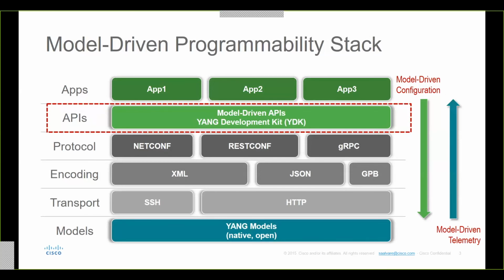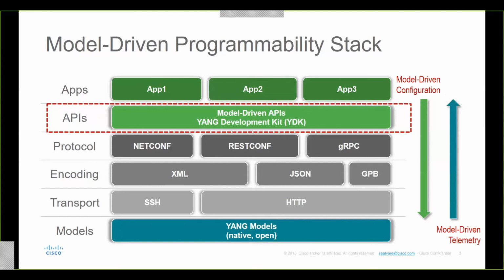And this diagram kind of summarizes how we built the components that make that programmability stack to automate devices and automate the network. The first part in the bottom is the basic infrastructure of all automation, which is going to be data models specified in a language called Yang, and I'll show some examples of that later.